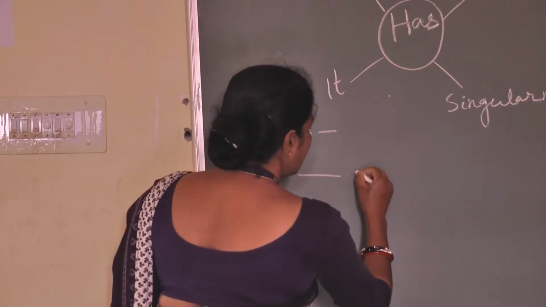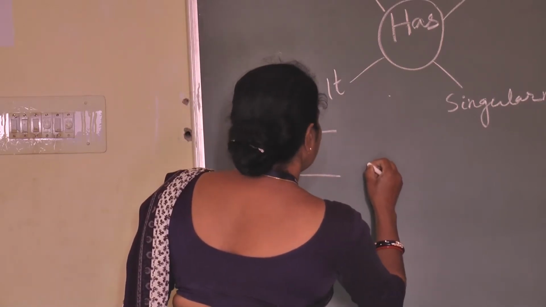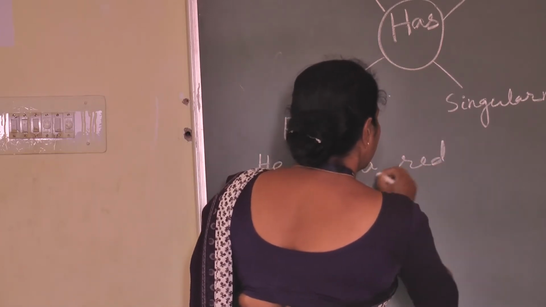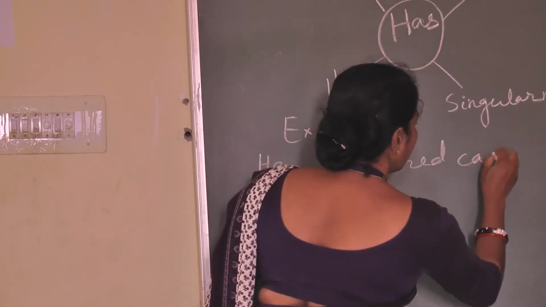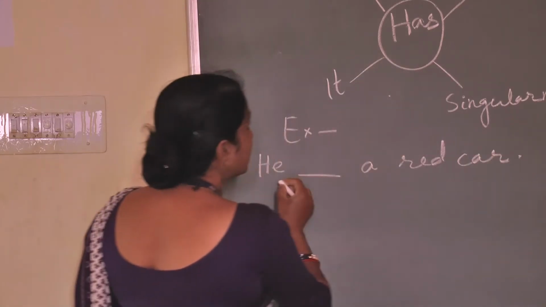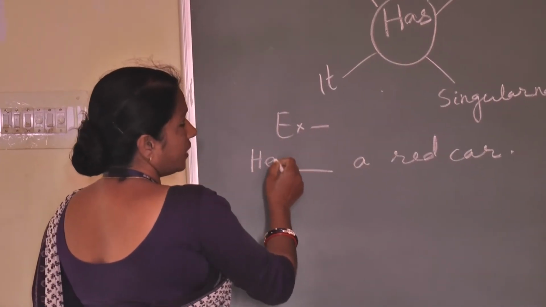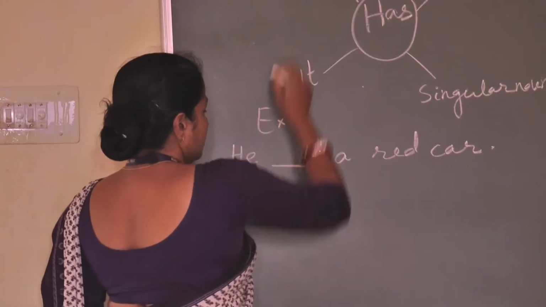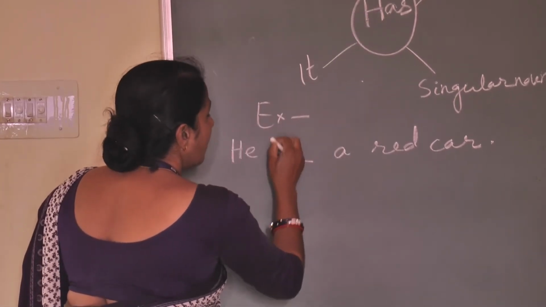He dash a red car. See children, we use has for he. So, we have to use has here.